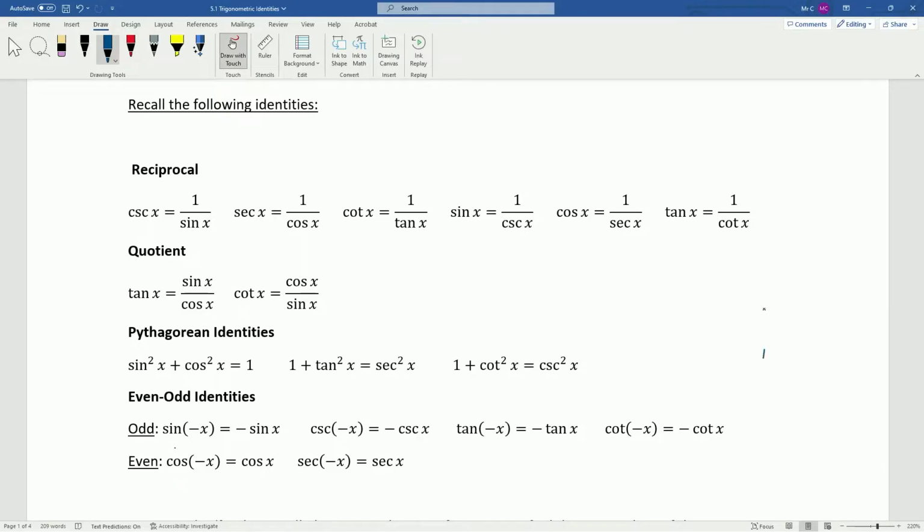All of these identities are really, really crucial for this material, because if we want to prove something is always true, then we have to use other facts that we already know are always true. And that means that these are our tool set for proving further trigonometric identities. So, at this point in the class, hopefully most of these identities are memorized for you already.